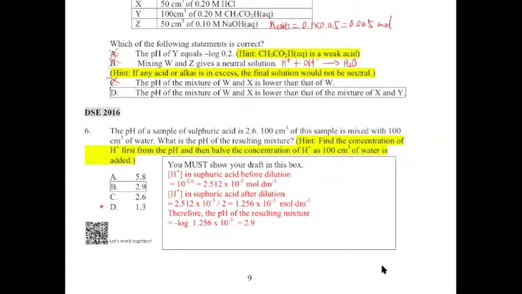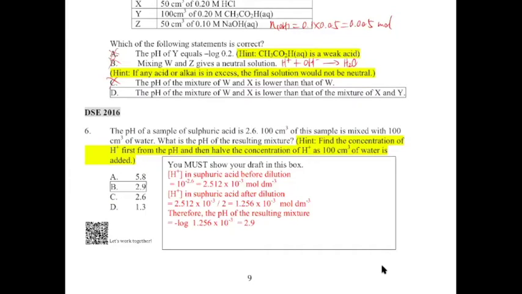So for sure, we know C and D are impossible, because we are diluting a solution, and how come it becomes more acidic, isn't it? So of course it's not C and D. And then think about A and B. When pH changed by 1, the concentration of hydrogen ion actually changed by 10 times.